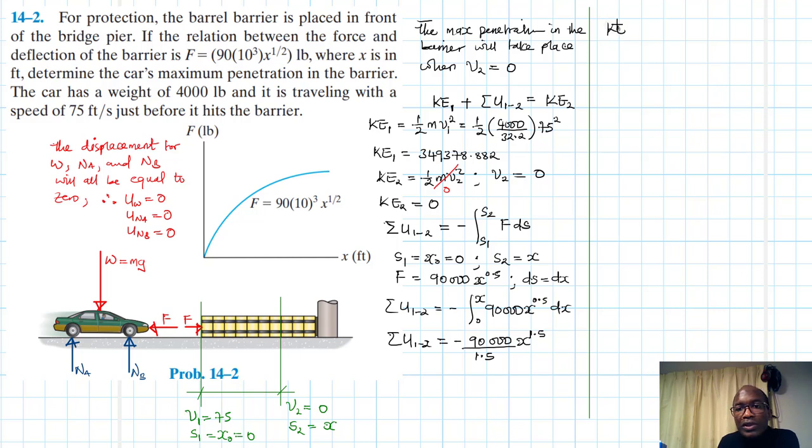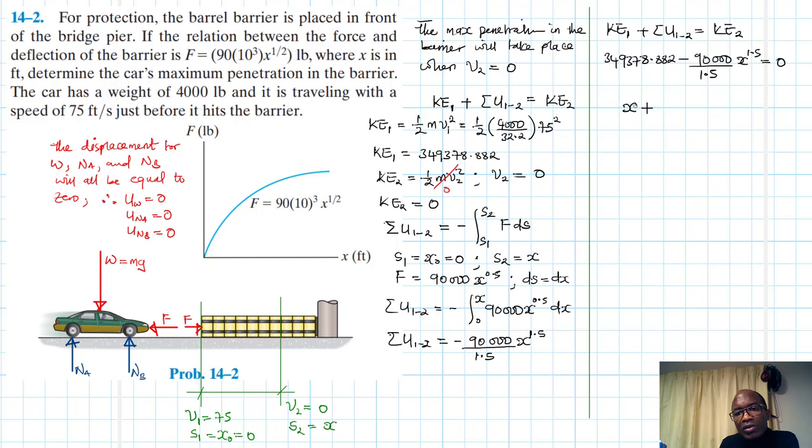We do have this equation: kinetic energy initial plus total work equal to the final kinetic energy. And the initial, we found that this is equal to 349,378.882 minus 90,000 divided by 1.5 x to the power 1.5, and this is equal to 0.